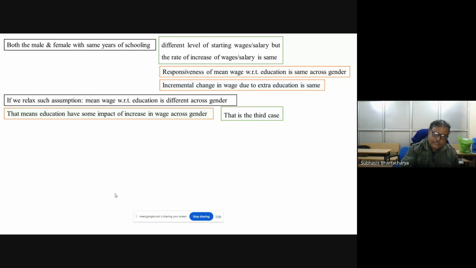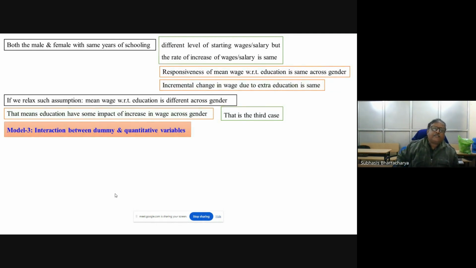First case, we are considering only a quantitative variable with a qualitative variable. Second case, we consider a qualitative variable associated with another quantitative variable. And the third case is this, where you consider the mean wage with respect to education to be different across gender.